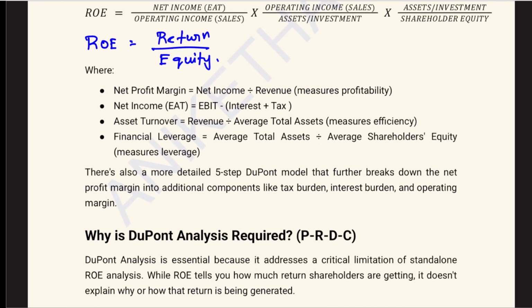The formula for each of them is elaborated here. Net profit margin is nothing but net income, that is your PAT, over sales or revenue. You should be very conversant with what is PAT, what is PBIT. PAT is your PBIT minus interest and tax.